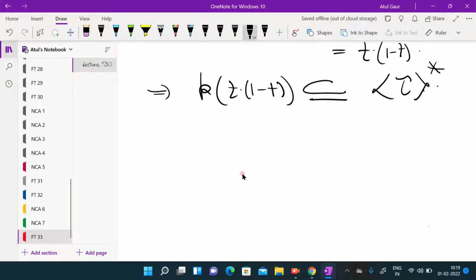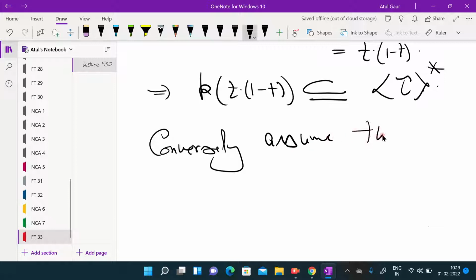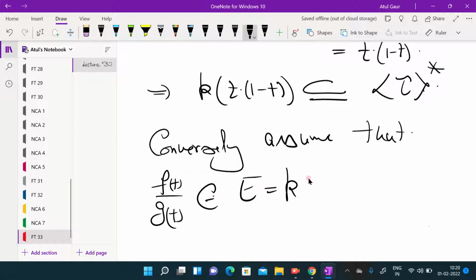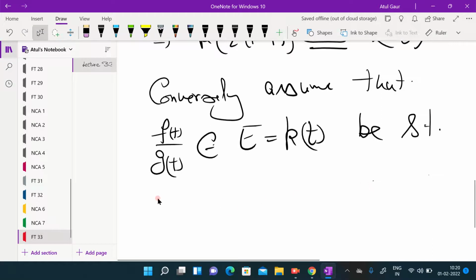थोड़ा सा change आएगा. I'm writing. So conversely, assume that you have an element f(t) mod g(t), an element in K(t), such that it is in the fixed field.